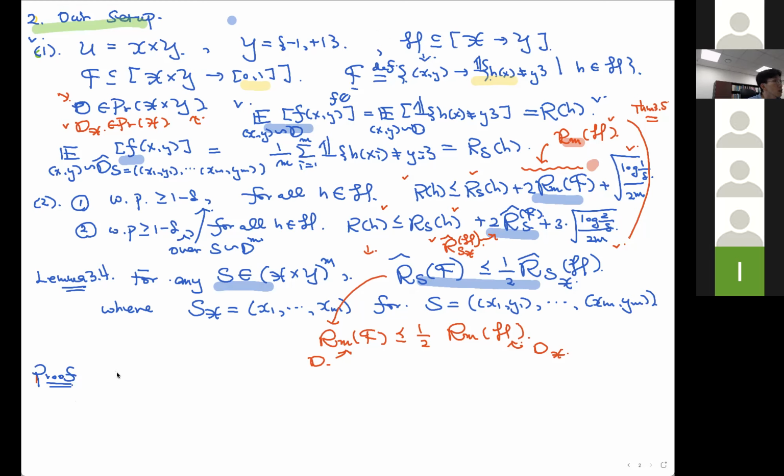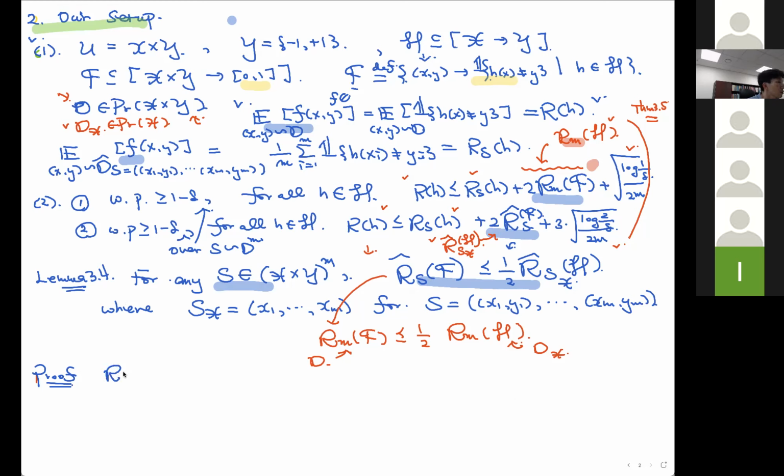Really this 1/2 is coming from the fact that every function in this curly F has a range between 0 and 1, but the function in H can be between -1 and +1. It has a bit larger range, and that's related to why we have a 1/2.